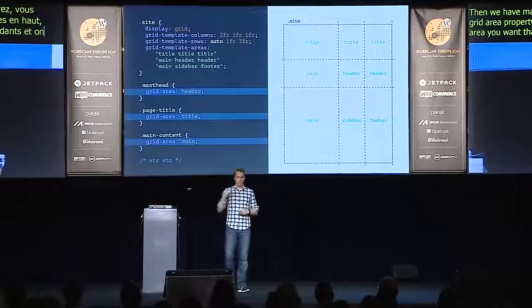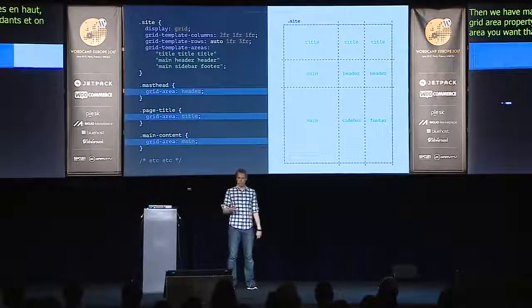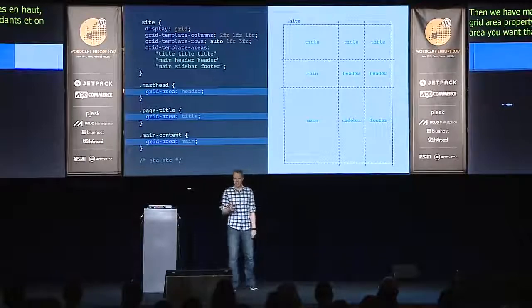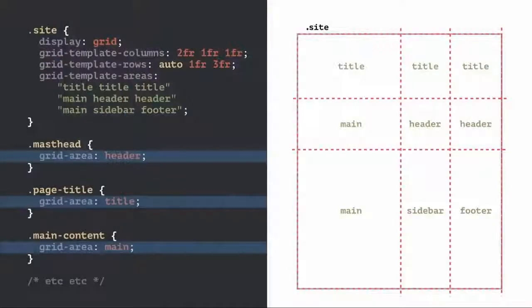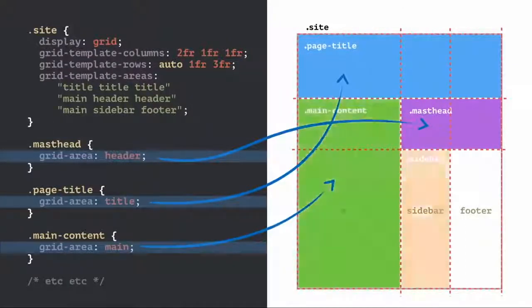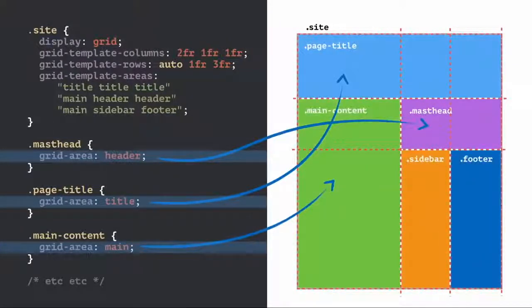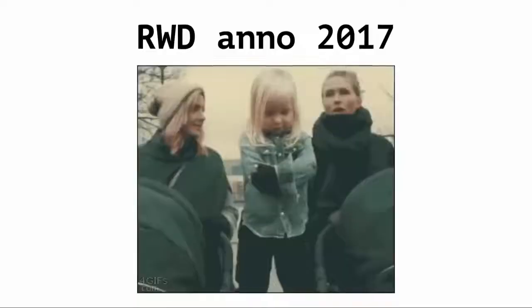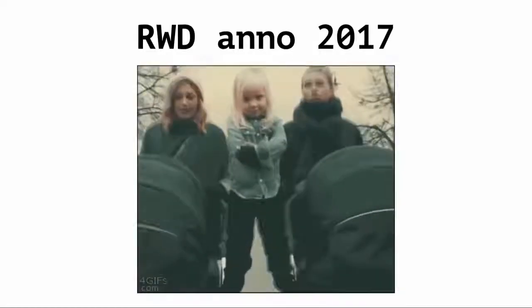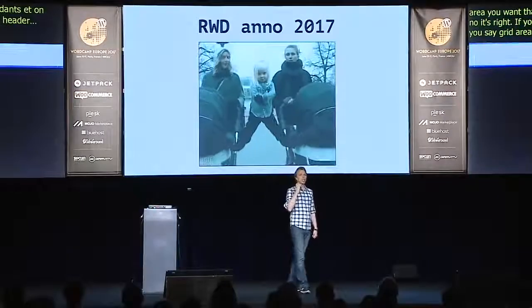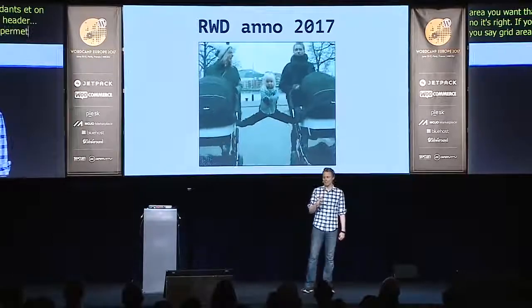So if you say grid area header, well, that's wrong. Oh, no, it's right. If you say grid area header, the element goes to the header area. If you say grid area title, it goes to the title area. And this allows us to do crazy responsive web design.